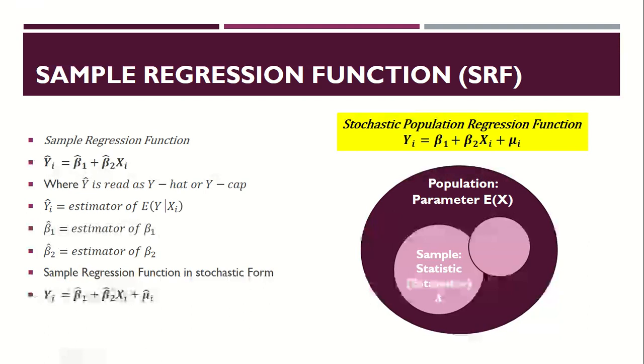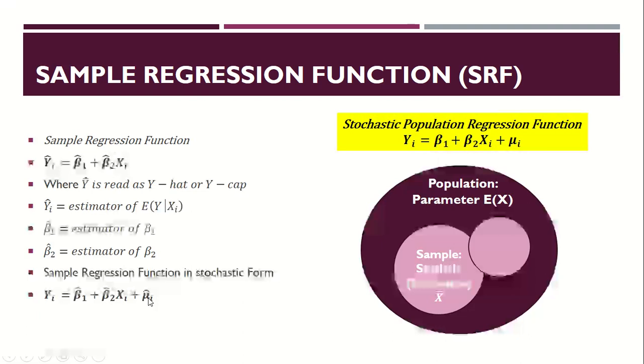If you recall that the observations don't fall directly on the line, so it's important to add this mu i hat, this one, if you observe here, which we now call residual. Mu i hat is known as residual.